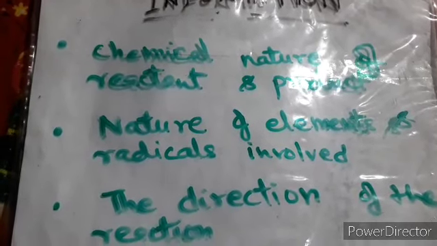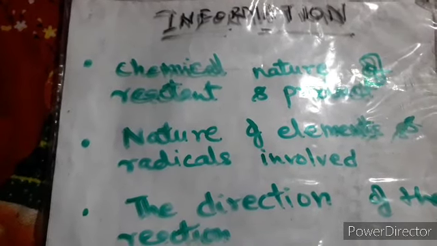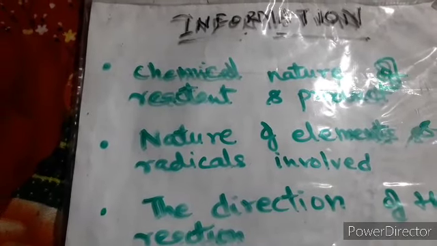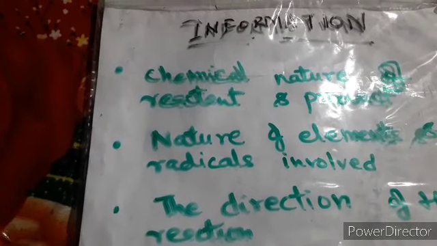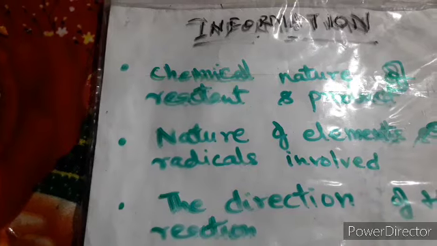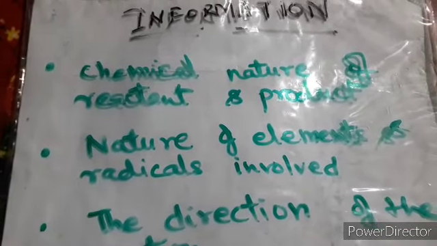If they are made by electrovalent bonding, then they are electrovalent compounds. So the reactions are also like that. If ionic compounds are there, then the reaction is ionic. If covalent compounds are there as reactants or products, then the reaction is a molecular reaction. We are not going deep into it, I'm just giving you a small idea.